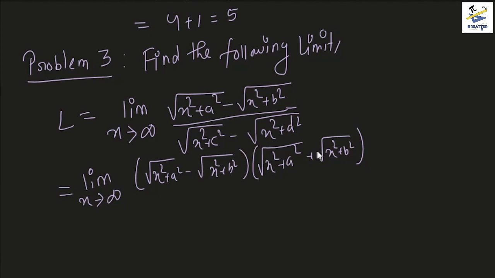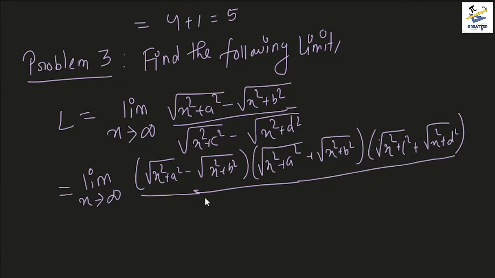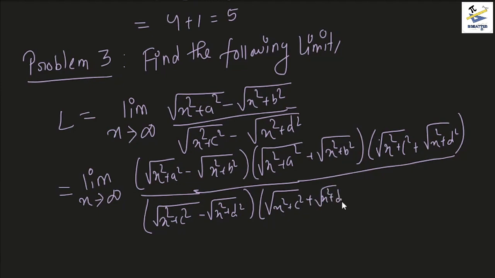So this was multiplied, and also we need to multiply by the conjugate of the other term, which is root over x square plus c square plus root over x square plus d square. You will see why I did that, because we would need that here. First we write whatever there is in the question, root over x square plus c square minus root over x square plus d square multiplied by root over x square plus c square plus root over x square plus d square, and then the extra term of root over x square plus a square plus root over x square plus b square.